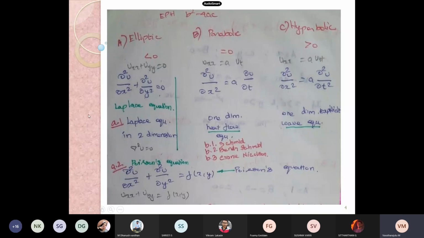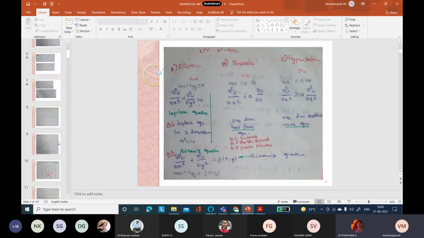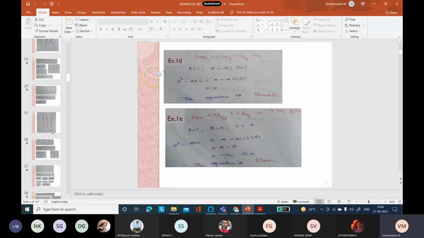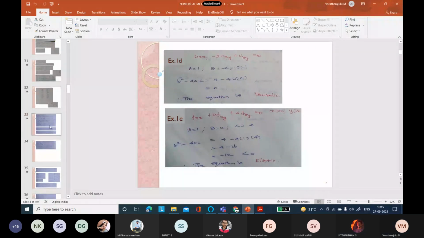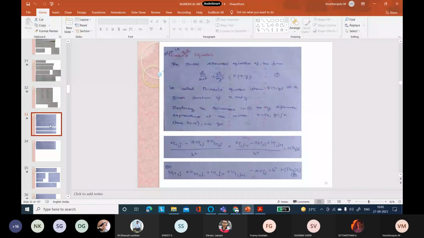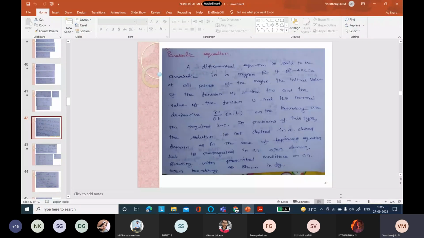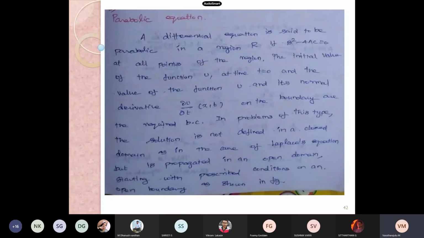Do you have any doubts with these Laplace and Poisson equations? Any doubts? If you don't have any doubts, then we will see the parabolic equations.